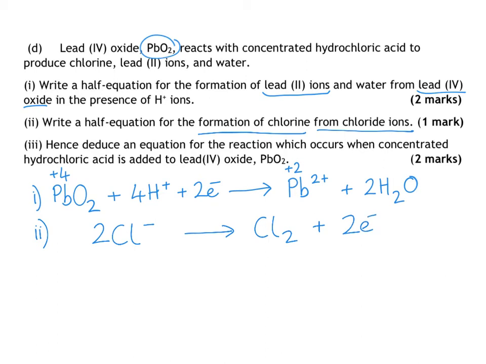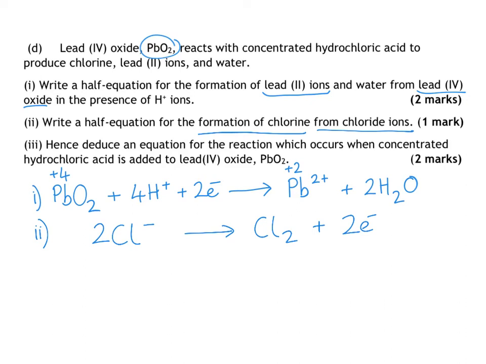So notice that this is only 1 mark. The equation above was 2 marks. It was 1 mark for getting all the right formulae in the right sides of the equation, and the second mark for the balancing. So yeah, you'd only get 1 mark for doing a chloride-chlorine half equation.